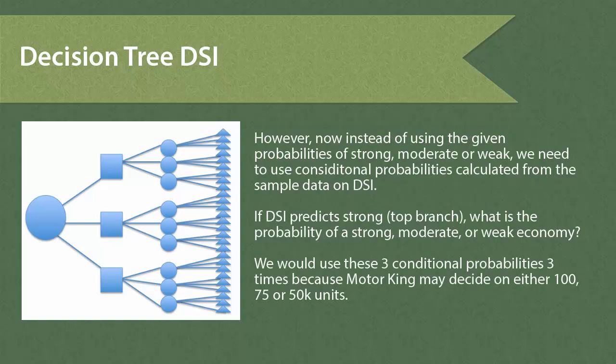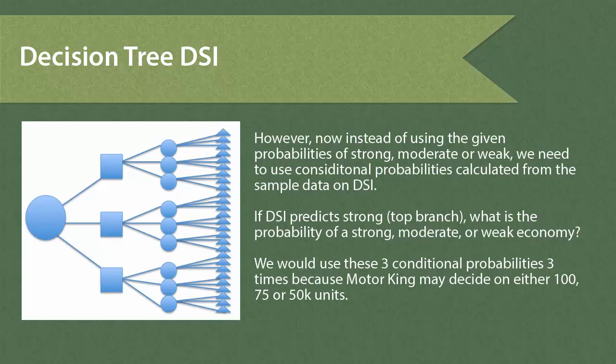So once we obtain the probability of DSI predicting strong or moderate or weak, what we need is to calculate conditional probabilities. We can't simply use the given probabilities of strong, moderate, or weak. These are assumptions of Motor King.